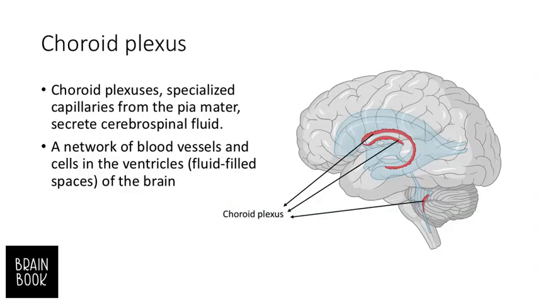Also, there is a term which is named choroid plexus. What is the choroid plexus? Choroid plexus is a network of blood vessels and cells in the ventricles, and they produce cerebrospinal fluid. As they are marked here, they exist in the upper roof of the third ventricle.